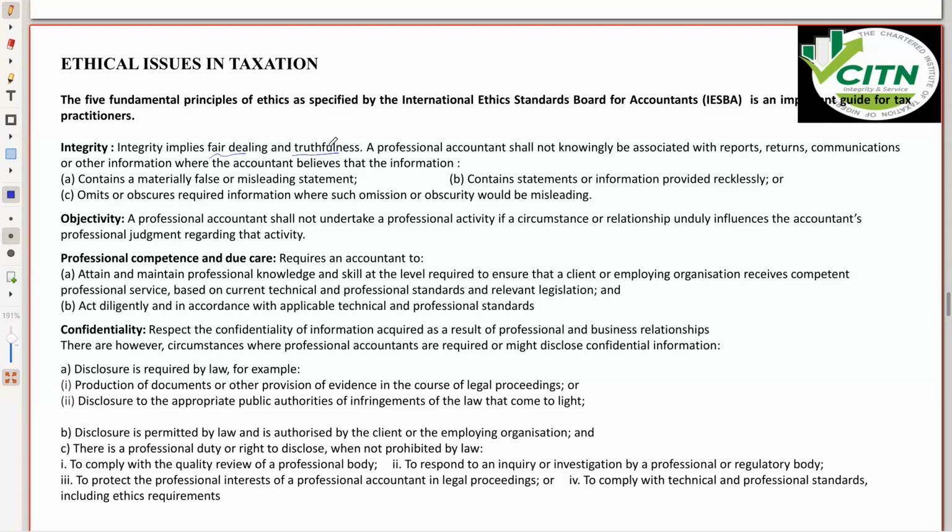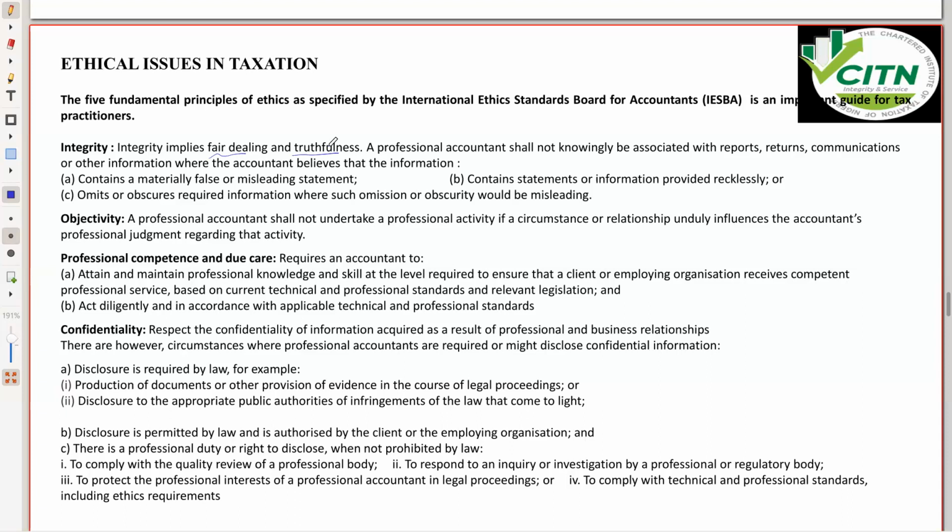A professional accountant involved in tax practice should not knowingly be associated with any report, returns, or other information where the accountant believes that the information contains a materially false or misleading statement, contains a statement or information that is provided recklessly, or omits or obscures required information where such omission would be misleading.